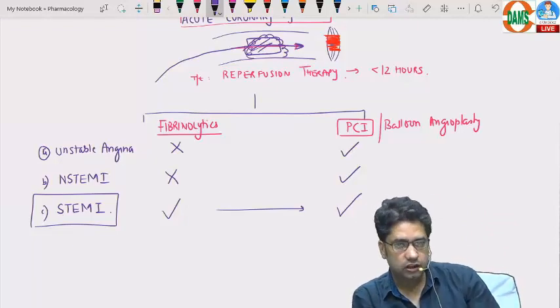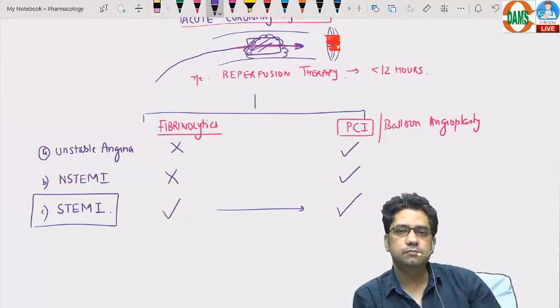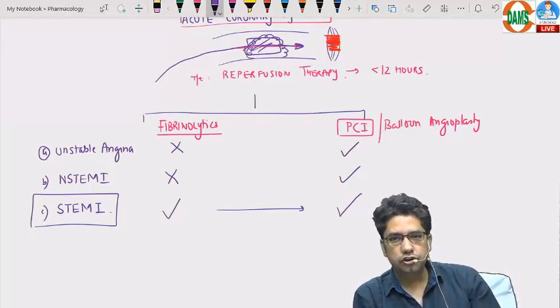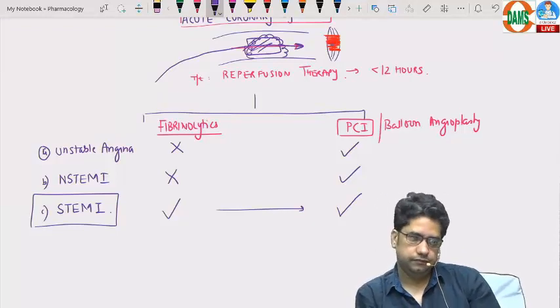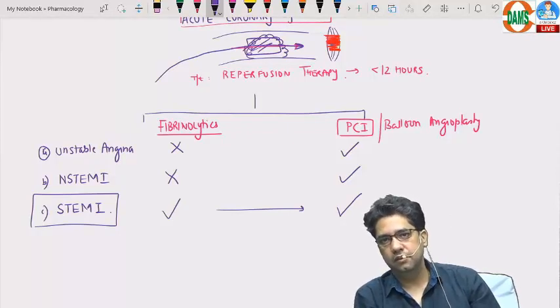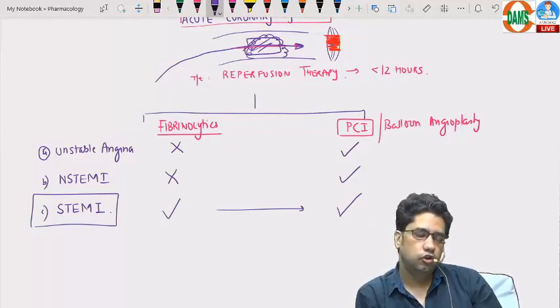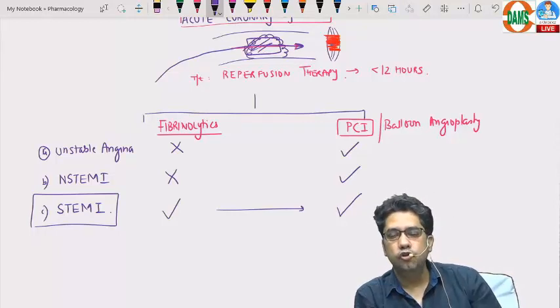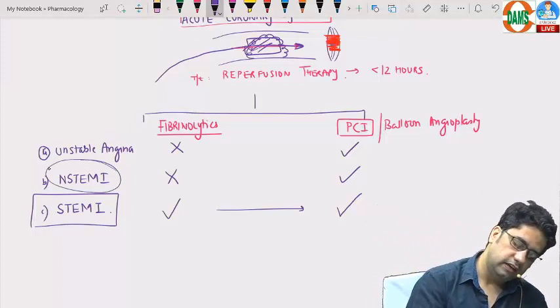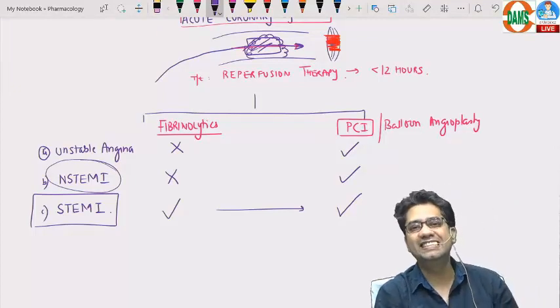Now, the question which came 15 days ago in the AIIMS exam: which of the following drugs is not given in non-ST elevated MI? Which of the following drugs is not given in NSTEMI?